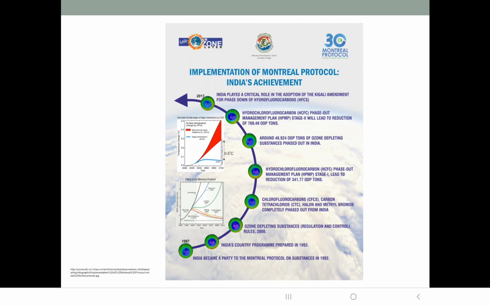India has incorporated the provisions of this protocol in its national laws also. That means it has made certain rules. The ozone depleting rules were made way back in 2000. So India has very effectively acted on the provisions and implemented them so as to reduce the ozone depleting substances.